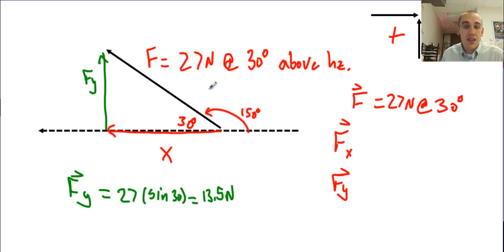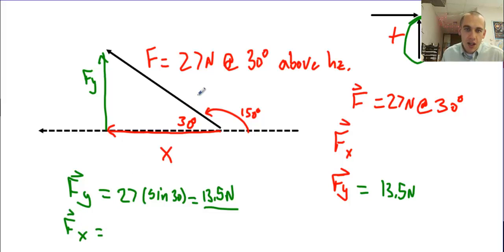Now this actually is legitimate, and it checks out with my picture because this came out positive, and I know a vertical direction should be positive. But I'm going to be careful because when I try the same thing in the x direction, 27, but now I want the adjacent side, cosine of 30, if I type 27 cosine 30 into my calculator, it gives me 23.38 newtons.